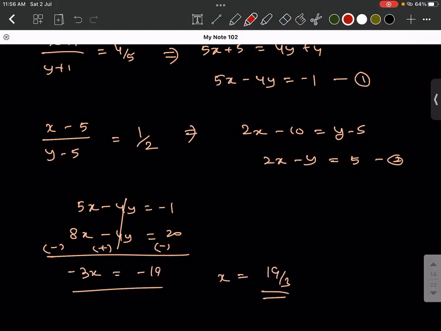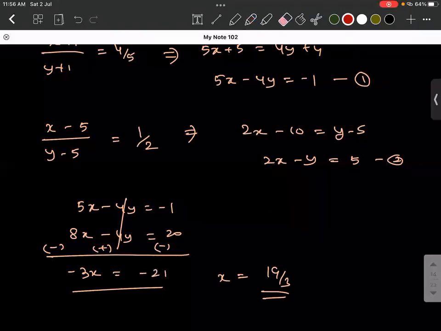Is there an option like this? But they ask the numerator, no? Minus 21, no? So x is 7.